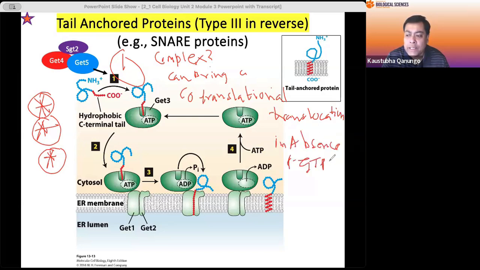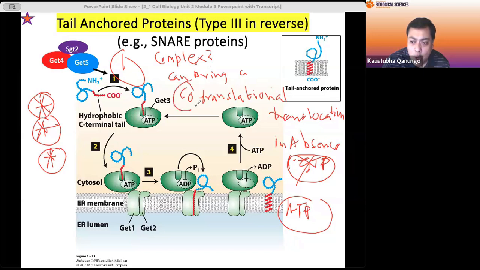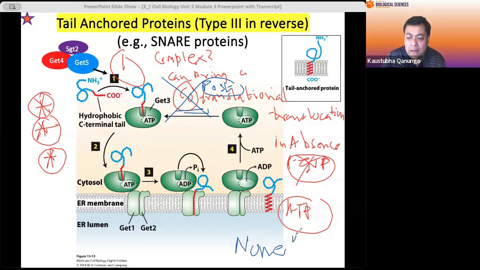As soon as people see the absence of GTP, they jump onto the GET3 complex because it works with ATP. What they miss is co-translational. Yes, GET3 works with ATP, but it does not do co-translational translocation. It does post-translational. So if it is co-translational, your answer will again be none. So just make sure of what you do.